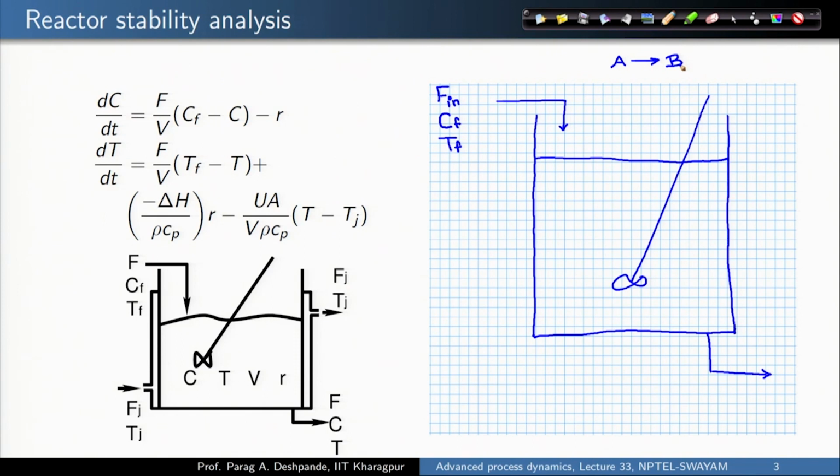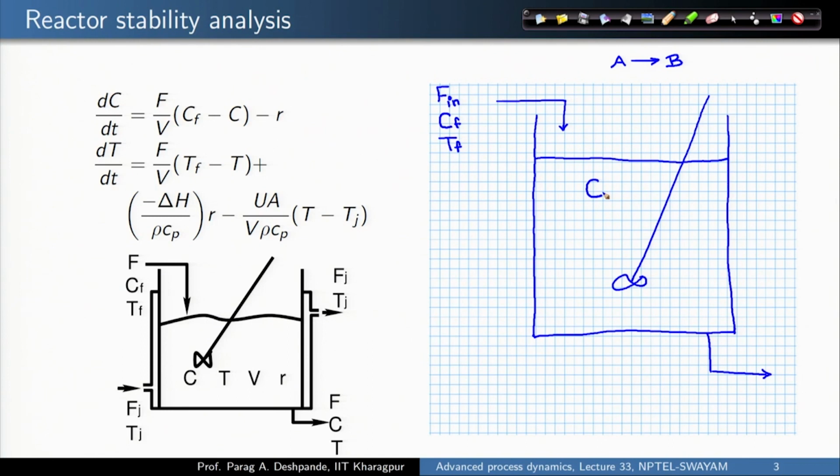So, C everywhere in our notation simply refers to the concentration of the species A. So, now once the species enters into the reactor, the reaction takes place, and that well mixed contents have the concentration C. So, concentration of A inside the reactor is simply denoted by C.